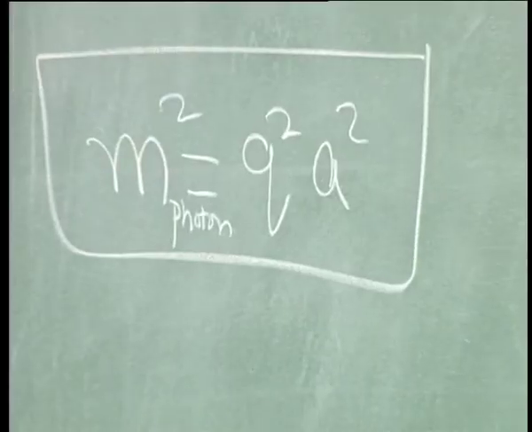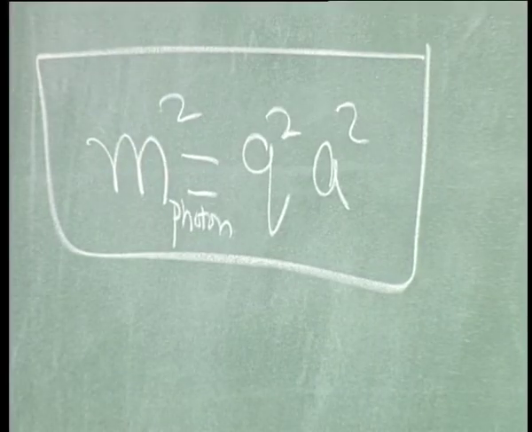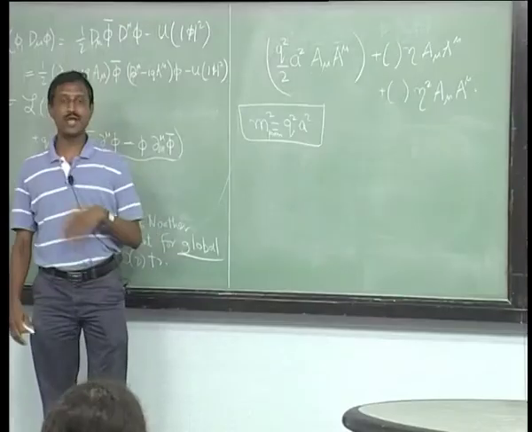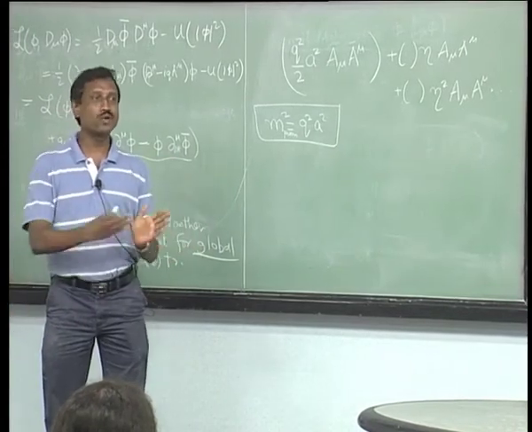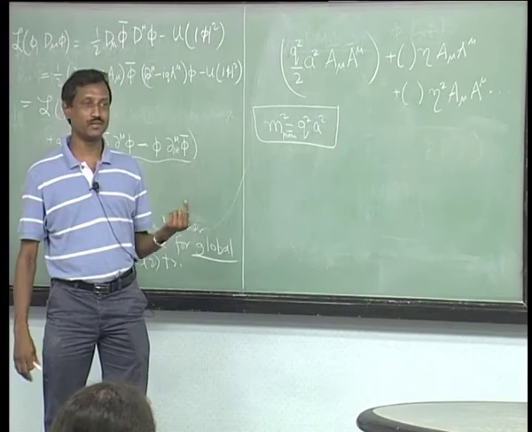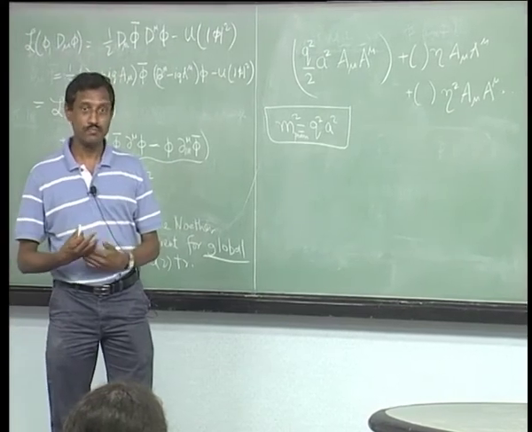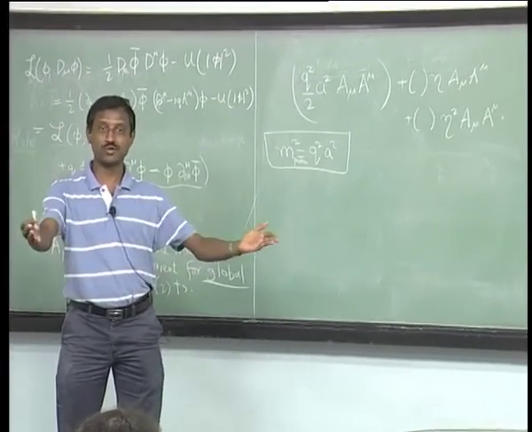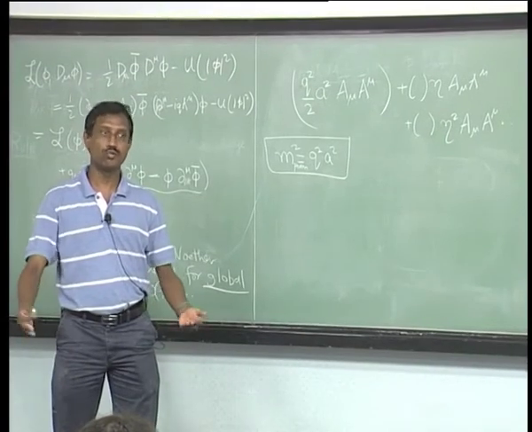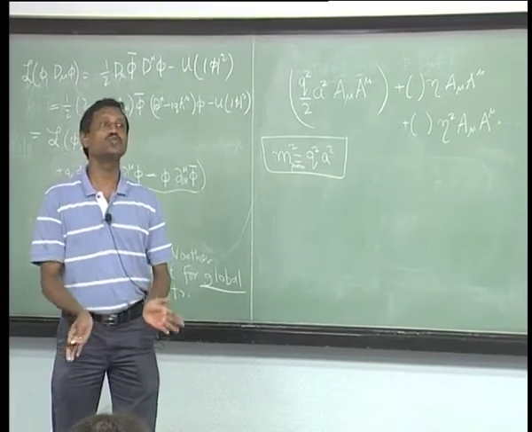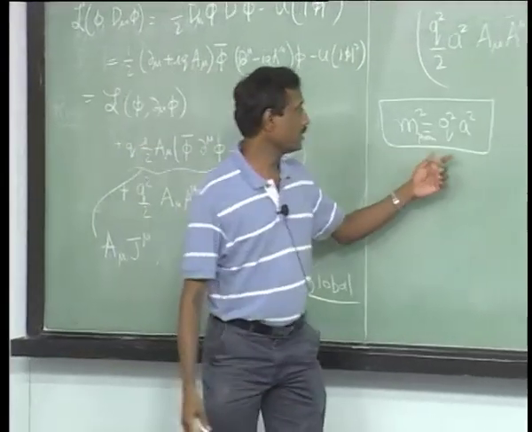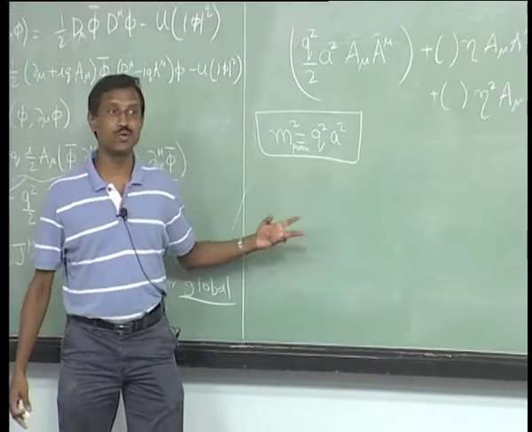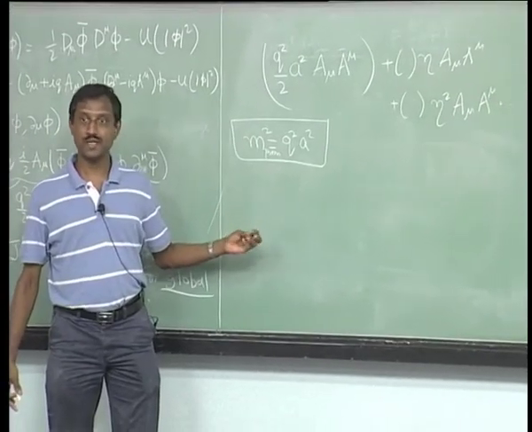Okay. And the reason this has to happen is because if you have a massive photon, it should have a longitudinal mode. A longitudinal mode is roughly equal to one scalar particle, one scalar field, while a real massless photon, which we know in real life, has no longitudinal mode, it has only two transverse modes. If you pick a direction, it has two transverse modes. Similarly, the massive one actually has three modes, two transverse and one longitudinal.